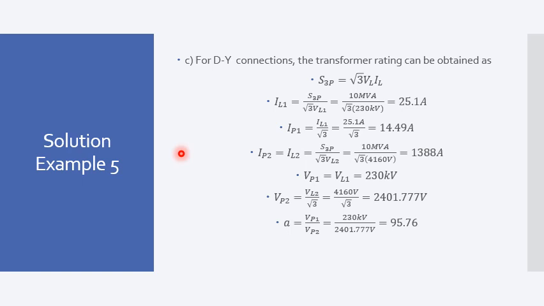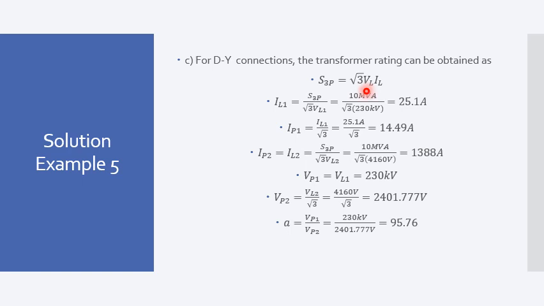Now question C is what is the transformer rating for delta-Y connection? The same thing, you have to use this formula S total equals √3 V line I line. So calculate I line for the primary side: S divided by √3 V line 1.